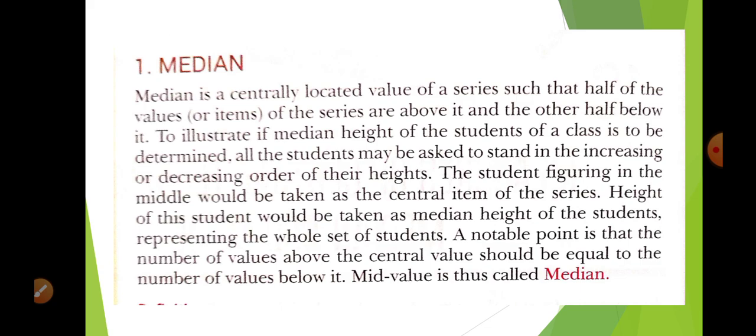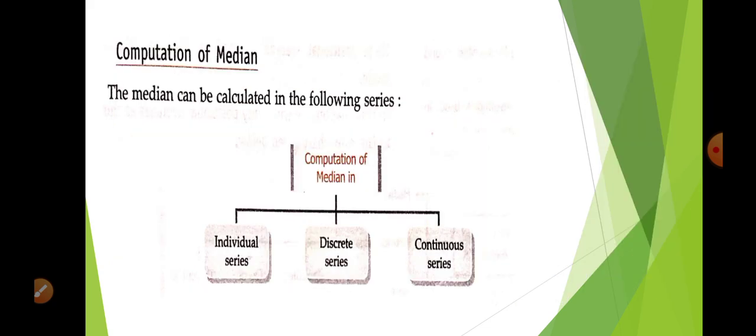First of all, we had learned what is median. The median is a central value that is going to divide a given series into two parts. Now, we had learned computation of median within three series: individual, discrete, and continuous series.